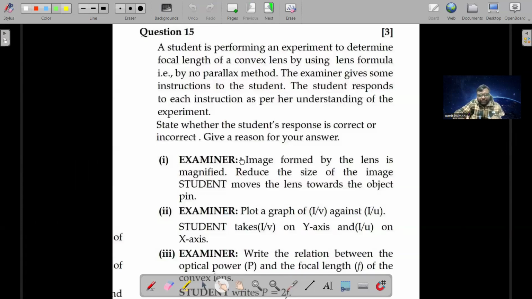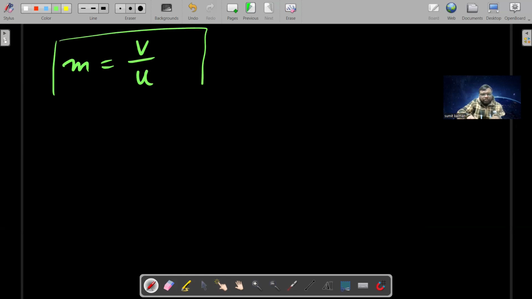So students, here the examiner is asking: the image formed by a lens is magnified. Reduce the size of the image. Now, the student responds: move the lens towards the object pin. Here, students, m is equal to v by u.